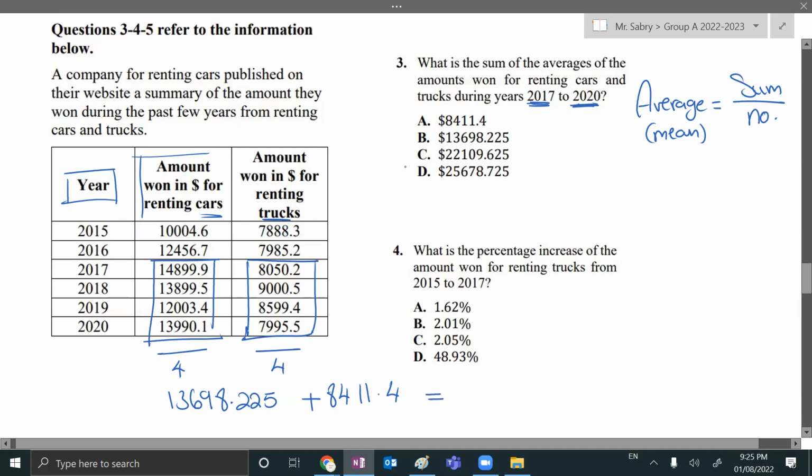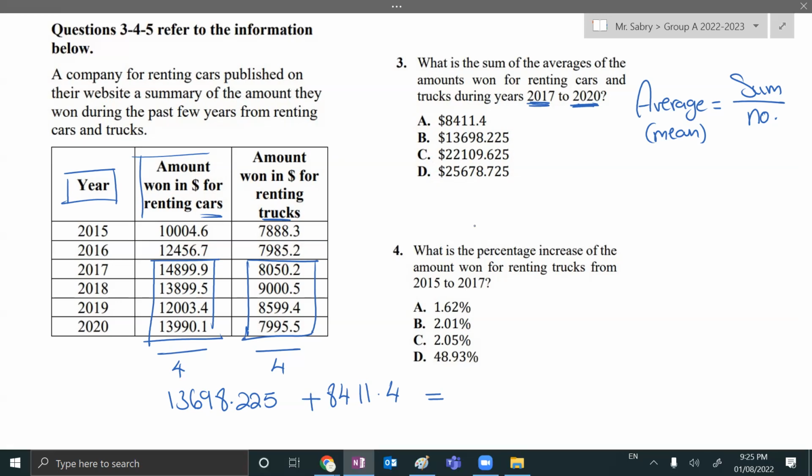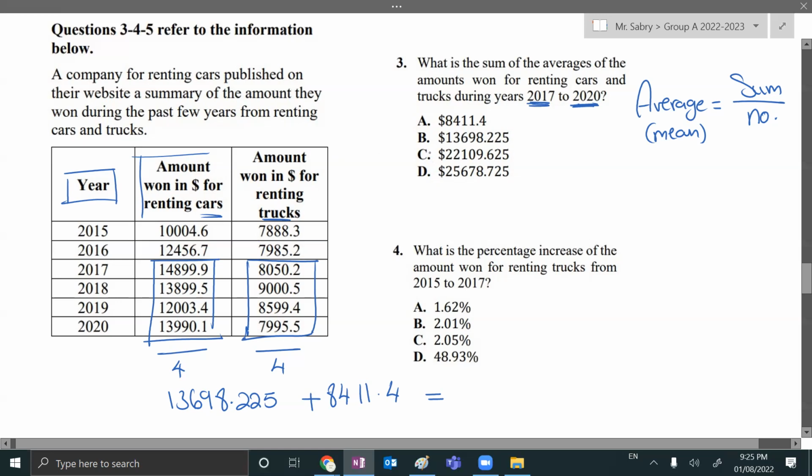And that will get you to, I think, 22, huh? Or 25, not 22, I think. 1, 3, 6, 9, 8, 5 plus. Yes, it's C then. Once you add these two, it will get you 21,109.625.